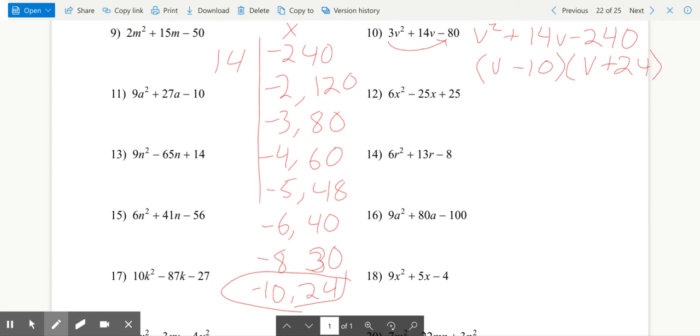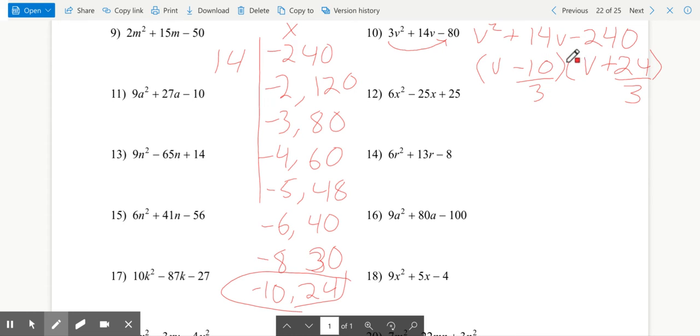Now remember, this would be this trinomial factored, not this one. So we want to fix it so that it's this one. In order to do that, that's the divide part of the slide and divide. We're going to divide both of these by 3.